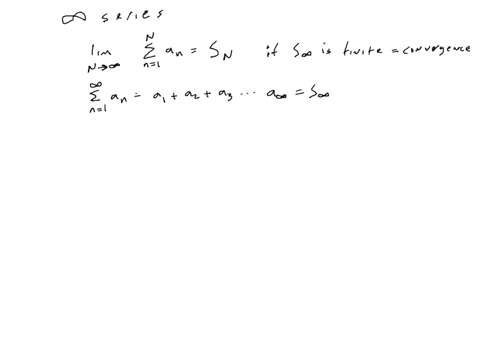For example, you can have 1 minus a half plus 1/3 minus 1/4, etc., and it eventually sums up to the natural log of 2, and so we say that converges, because you can actually express natural log of 2 as the sum of the series.